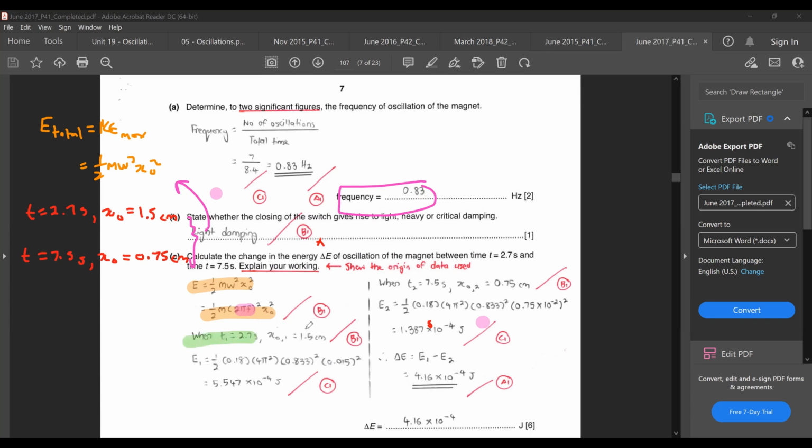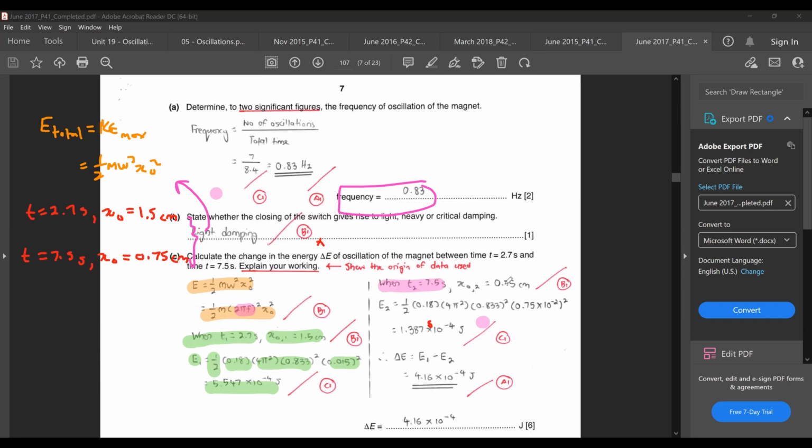When t1 is 2.7 seconds, your amplitude is 1.5. So the energy at 1 is half times your mass times 2 pi f square times your amplitude changed to meters, giving you this.